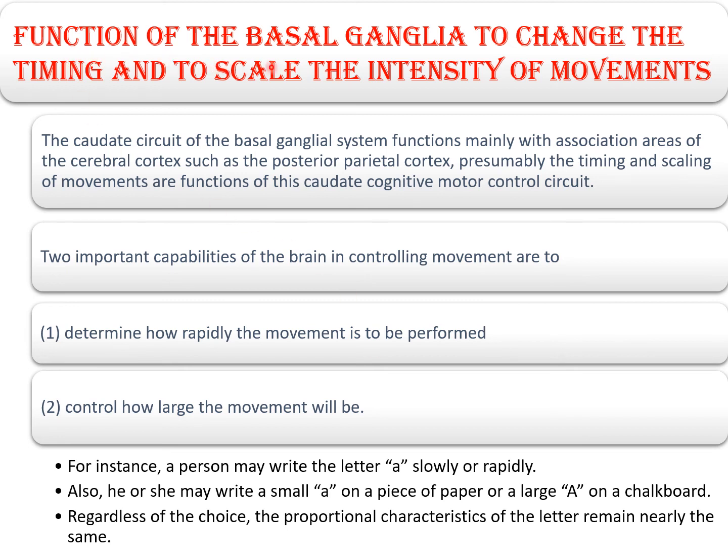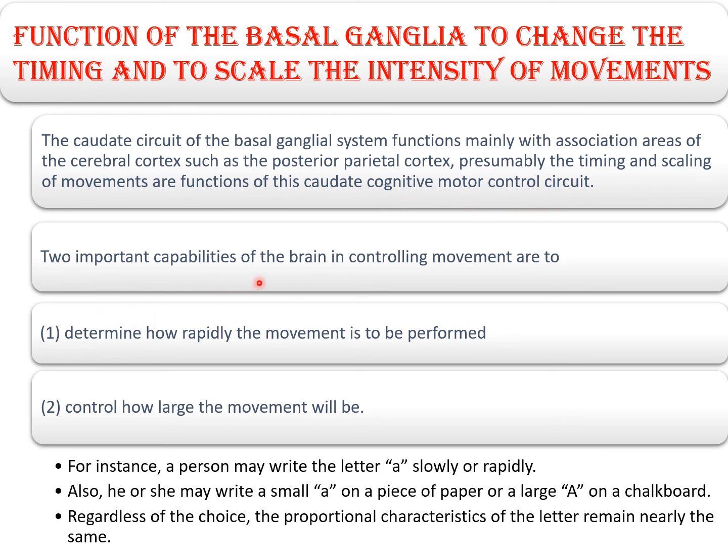Now, another function of the basal ganglia is to change the timing and to scale the intensity of the movement. The caudate circuit of the basal ganglia system functions mainly with the association areas of the cerebral cortex, such as the posterior parietal cortex. Presumably the timing and scaling of movements are functions of this cognitive motor control circuit.